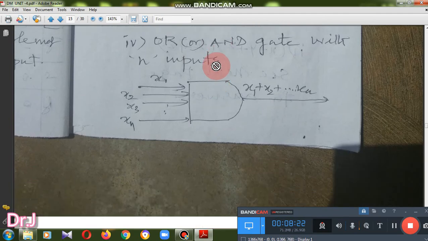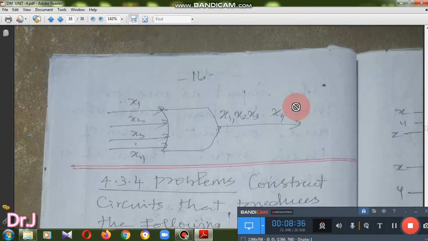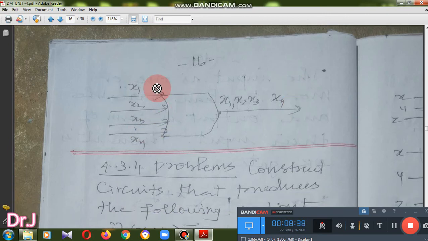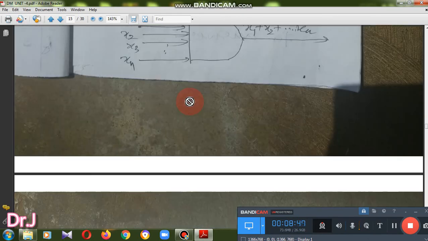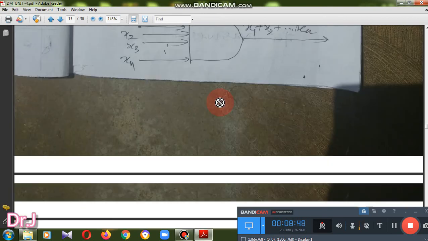We also have the OR gate with n inputs, where the sum of all is coming in. And here all these variables are converted into the product of all the variables, and this gate we call the AND gate with n inputs.